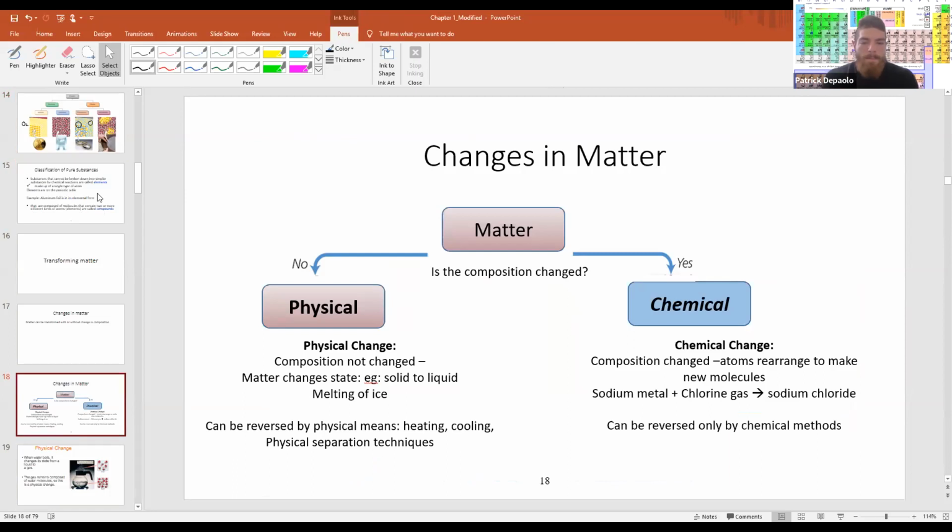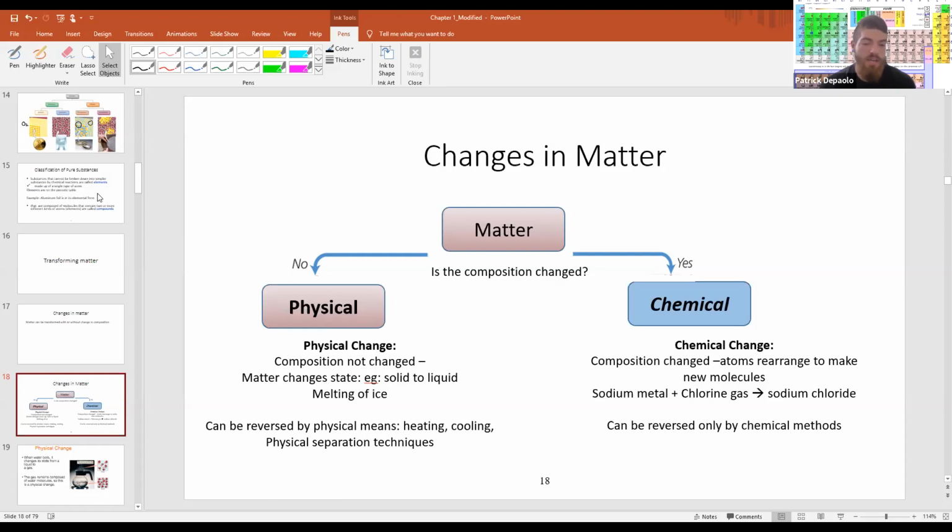All right, so matter. What we're going to learn now is to identify different changes in matter. There are two types of changes in matter: physical changes and chemical changes. For a physical change, we already learned about physical states, meaning solid, liquid, and gas.